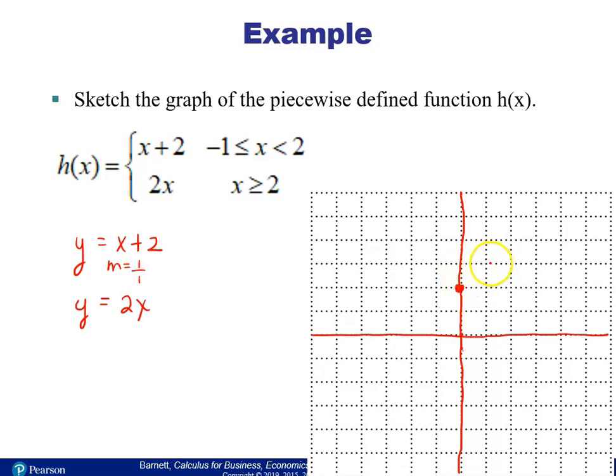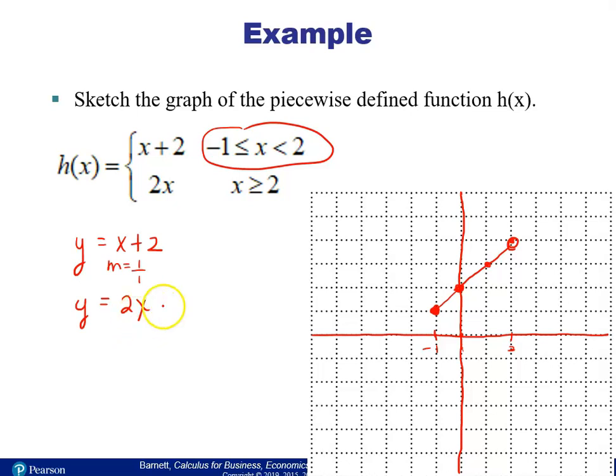So I'm going to do rise over run and graph this. That's only going to be from negative 1 to 2. Okay, so here's negative 1 and here's 2. So it's going to be this little piece from here to here. It's only going to go up to here.